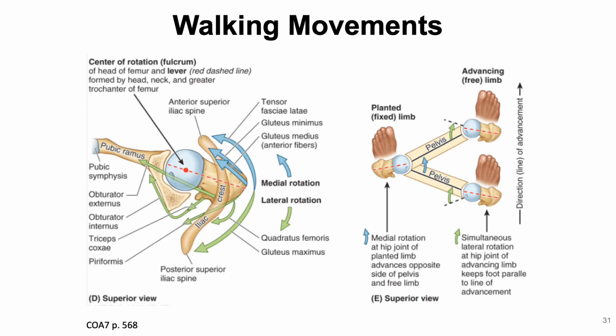So medial rotators are attached anteriorly to the greater trochanter. Lateral rotators are attached posteriorly to the greater trochanter, and this allows for that laterally driven lever to work kind of oppositely, these placements, and give us our steppage gait.